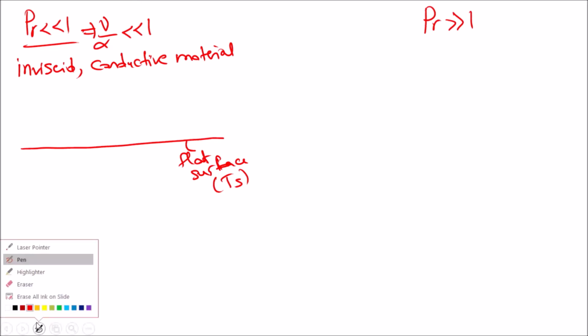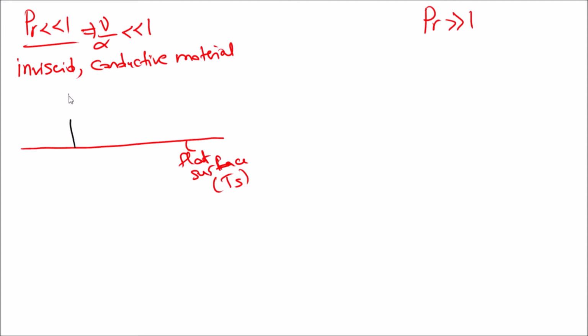If the viscosity is very low, here you will have the no slip boundary condition. But since the viscosity is low, it cannot affect most of the fluid domain. It only affects a small part over here, and the rest will be U infinity.